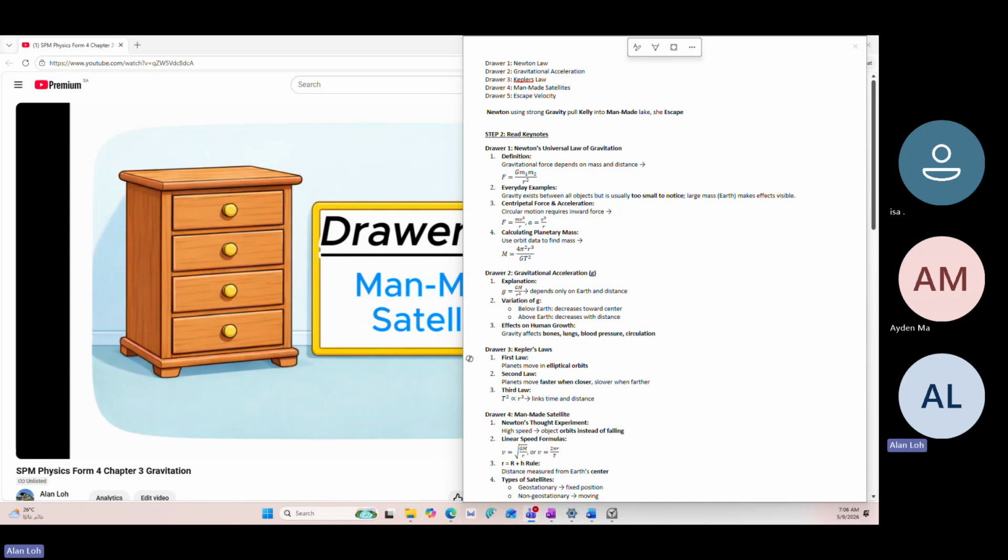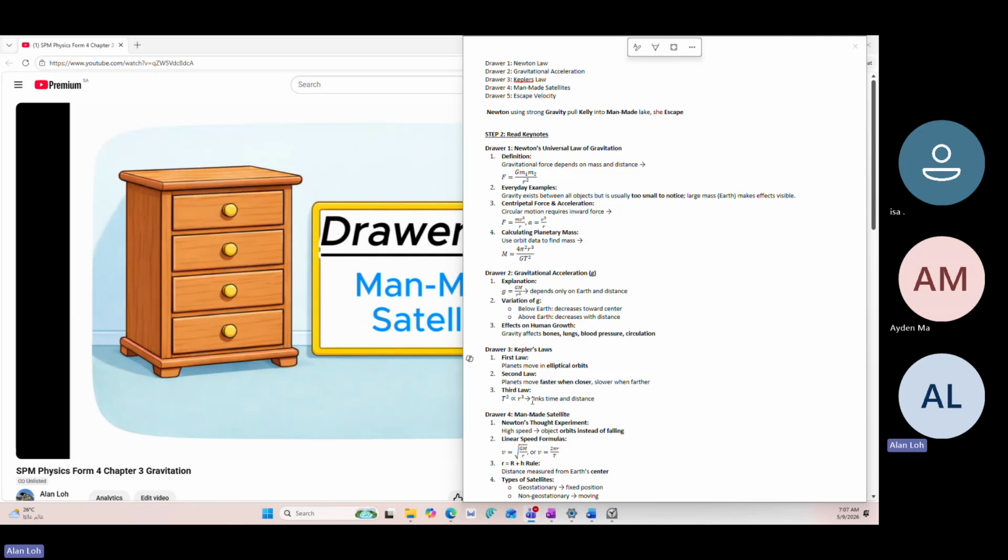Then the third law is talking about how he ran 3 laps in 2 seconds. That is the relationship between the orbital period and orbital radius. Period is time, which is T. Radius is r, which is distance. So 3 laps means distance in 2 seconds.